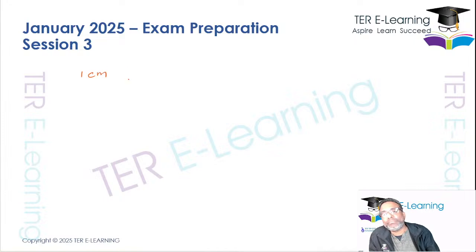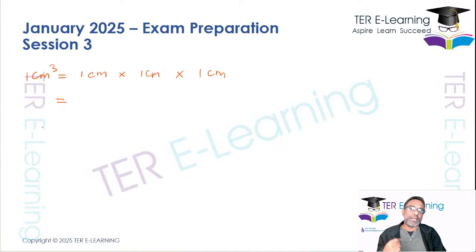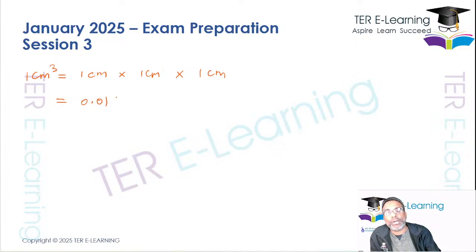1 cm multiplied by 1 cm. Some people like to learn formulas, I don't. 1 cm cube is equal to 1 cm by 1 cm by 1 cm. Now, if you want to convert centimeters to meters, we divide by 100. So this is 0.01 meters multiplied by 0.01 meters multiplied by 0.01 meters.